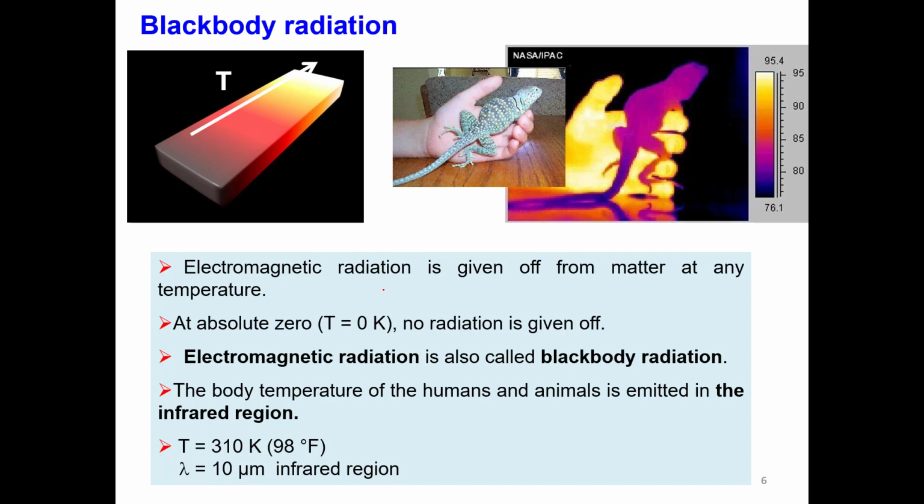For example, the human and animal body emits in the infrared region. If the temperature is about 98 Fahrenheit, then we emit radiation with a wavelength of about 10 micrometers, which corresponds to the infrared region.